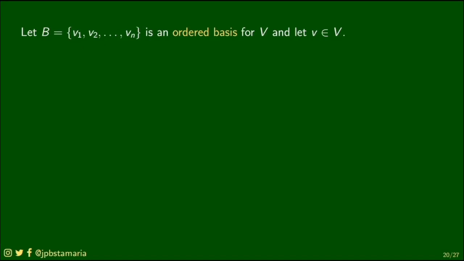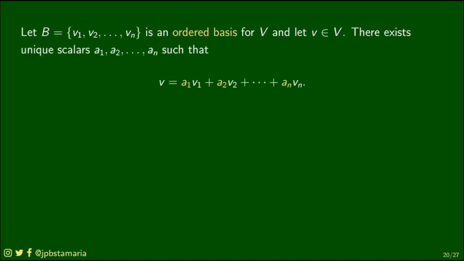According to the previous theorem, there exist unique scalars a1 up to an, so that v is in this form. There is only one set of scalars that must satisfy this equation, according to the previous theorem, because this is a basis. These scalars now are what we call the coordinates of v relative to this basis.